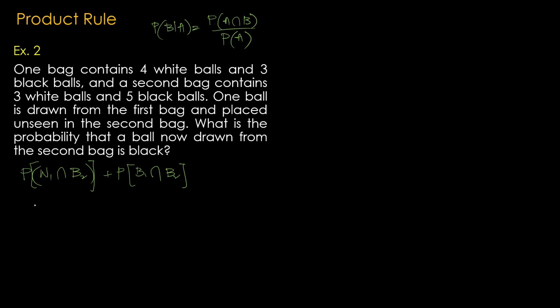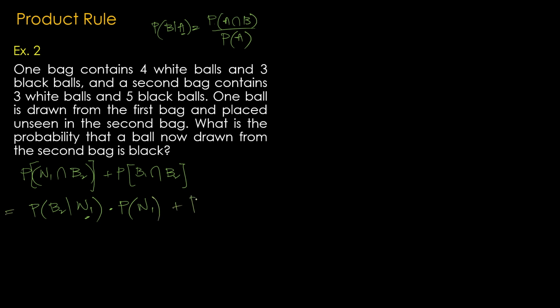So if we have this one, we need to find the probability of drawing a black ball in the second draw given that you've drawn a white ball in the first draw, multiplied by the probability of drawing a white ball in the first draw.